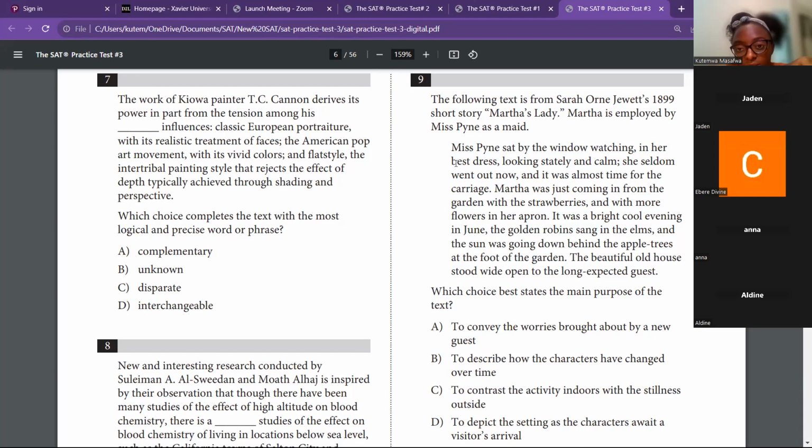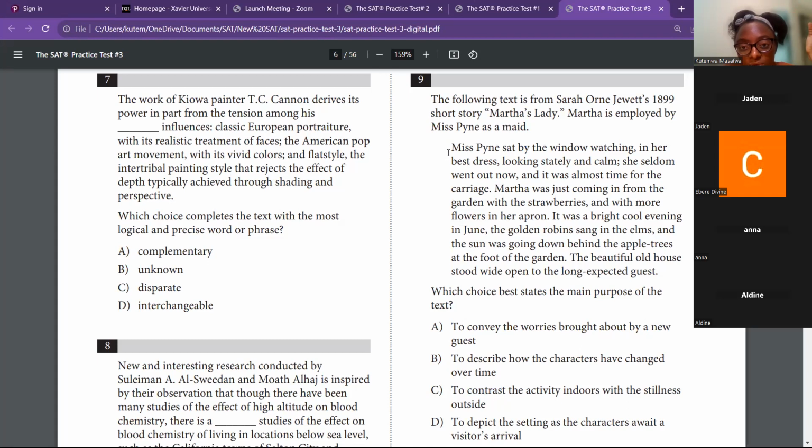So there is an element of Miss Pine being indoors, Martha being outside, and there's an element of the evening being like this. But this contrast word, there was no contrast being made. If the passage was saying indoors was quiet and calm, and then outdoors was loud and bright, there would be a contrast.